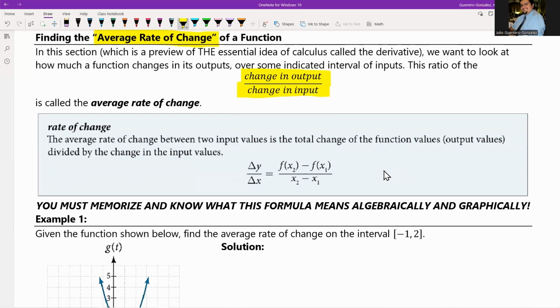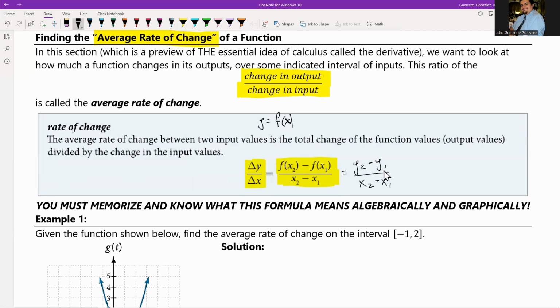Mathematically, the formula for it is the change in y divided by the change in x. And if we want to use our function notation, it's this right here. If you remember, we usually say y is equal to a function of x. So the other way that this is usually written out is y2 minus y1 all over x2 minus x1.